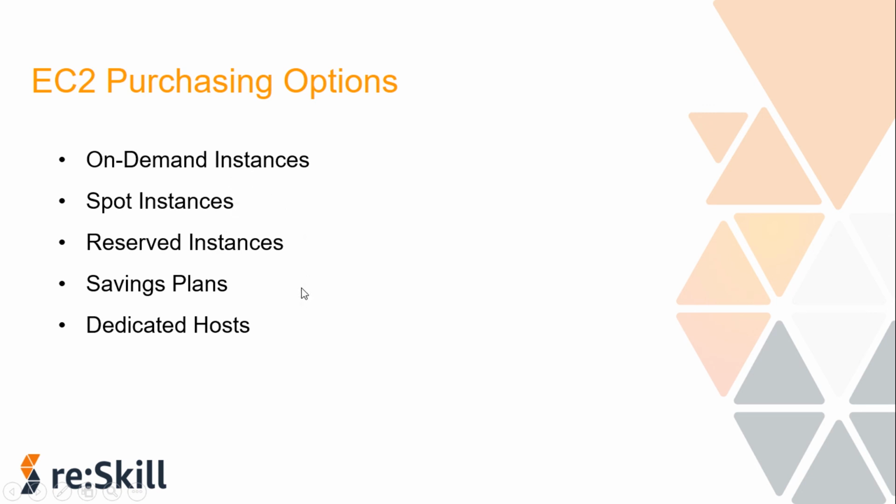But if you want a server dedicated for your use only, that physical hardware on which your EC2 is running should be dedicated only to you. Only your EC2 instances should be running there. In that case, you can go for the dedicated host option. But this is the costliest of all, even costlier than the on-demand instances. So it is up to you. What is your use case? What are your requirements? And accordingly, you can choose the purchasing options for you.